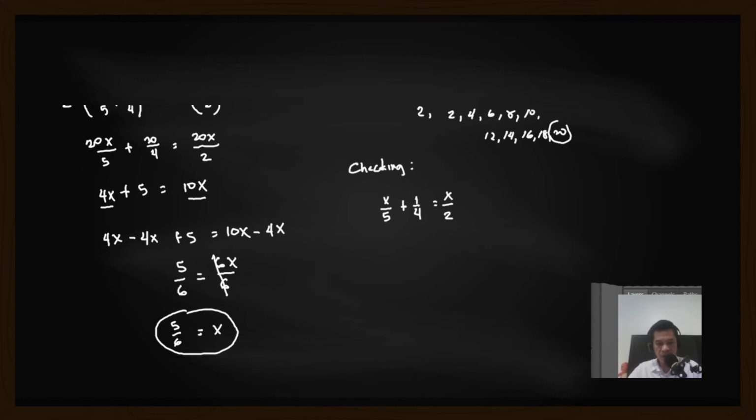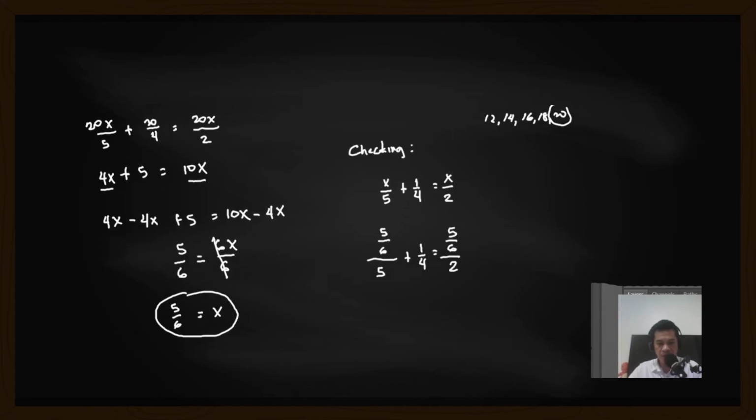So we're going to change this x by 5 over 6. And then just copy plus 1 over 4 is equal to, now remember the value of our x is 5 over 6, and then just copy the denominator 2.